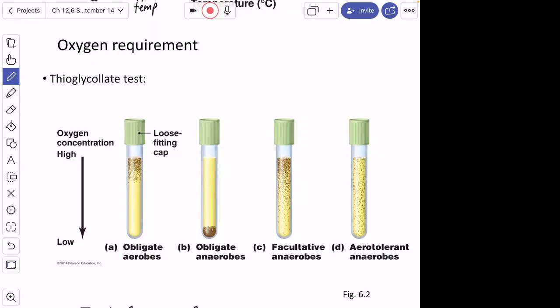So we inoculate it, and after we incubate it, we look to see where the organism grows. Based on where it grows, we label it with some oxygen requirement. For example, if it's only growing where there's oxygen, then that would be an obligate aerobe, an organism that has to have oxygen in order to metabolize and grow.